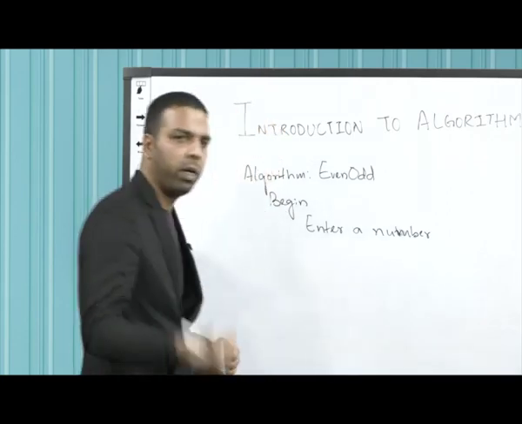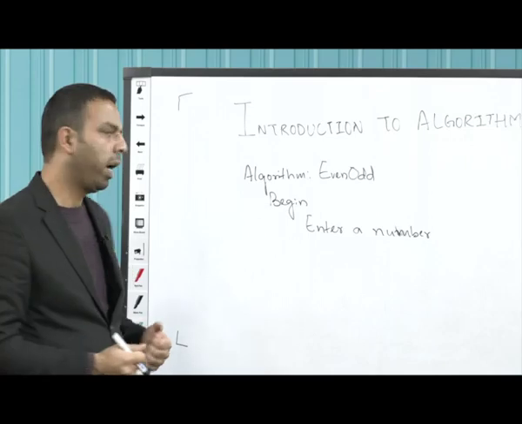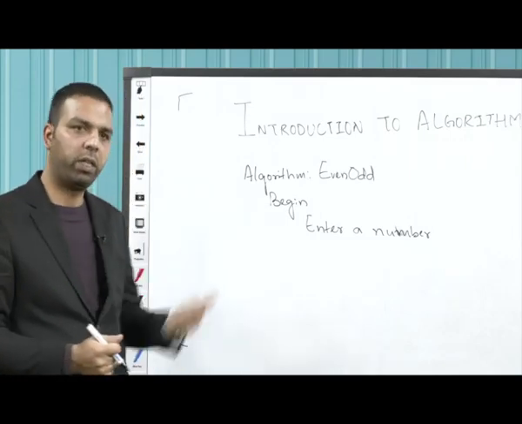So a user will enter a number, and next, to check if that number is even or odd, I have to simply check if it is divisible by 2 or not.